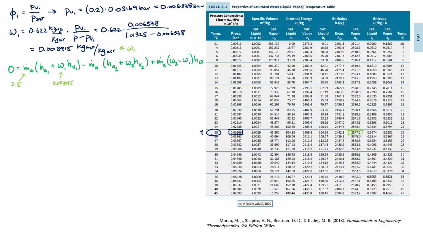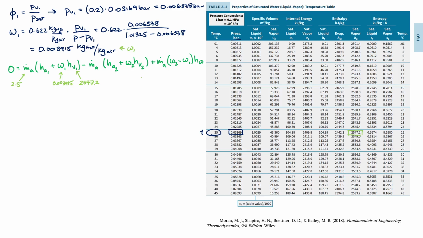So this is at 25 degrees Celsius. I have a value of 2,547.2, and that is in kilojoules per kilogram water. That's why we need this omega to convert it to per kilogram air.